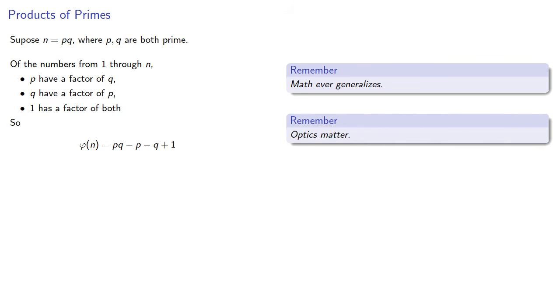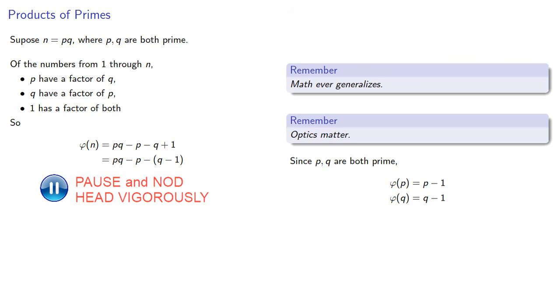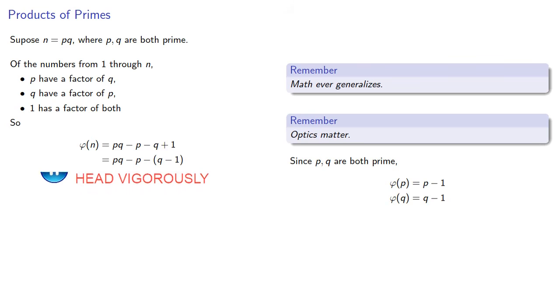So again, optics matter. Now, since they're both prime, phi of p is p minus 1, phi of q is q minus 1, and notice these last terms, we could rewrite them as minus q minus 1. But if we take a look at these first two terms, they have a factor of p, and if we remove that, we get another q minus 1, and we'll write this as 1 times q minus 1 for consistency.